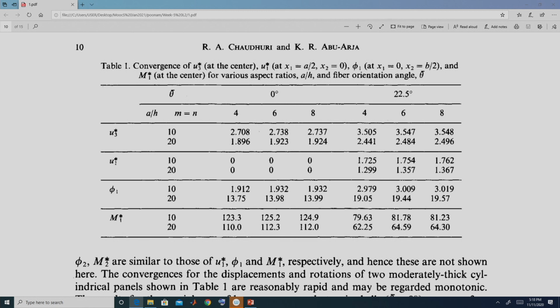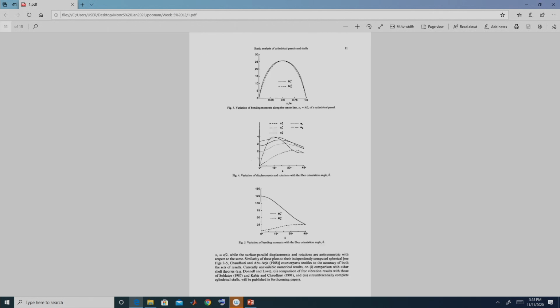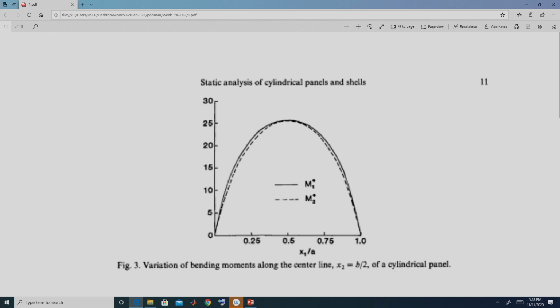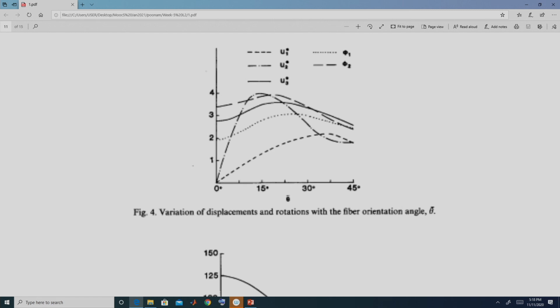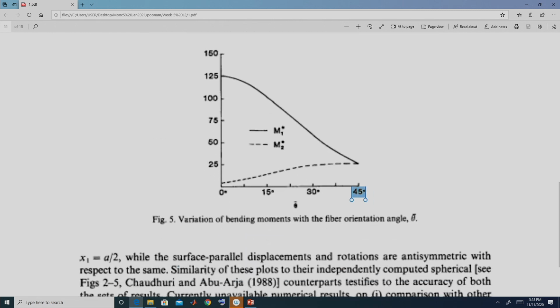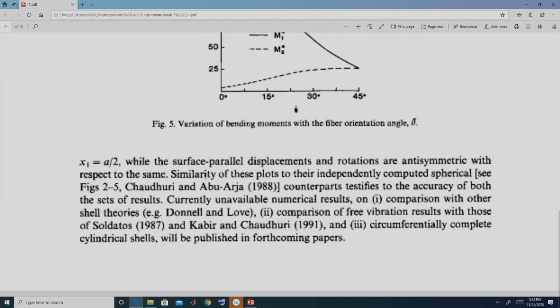So, the number of terms required is shown, and this is theta degree and 0 degree, 22 degree, and u1, u3, phi and m are compared. Here one can see that moments are compared, plotted along x by a, and they are calculated at b by 2. The same way along the theta the different moments, bending moments, are calculated.